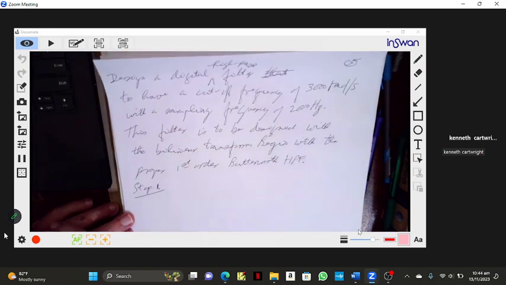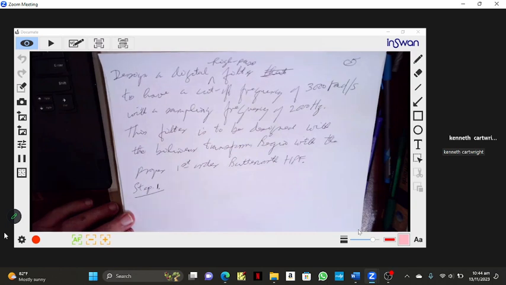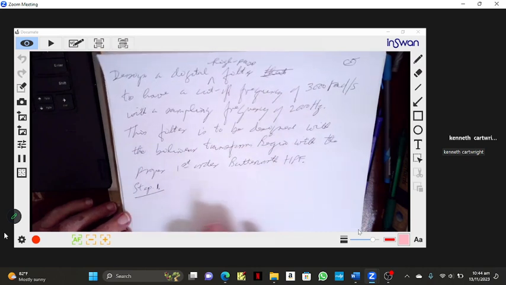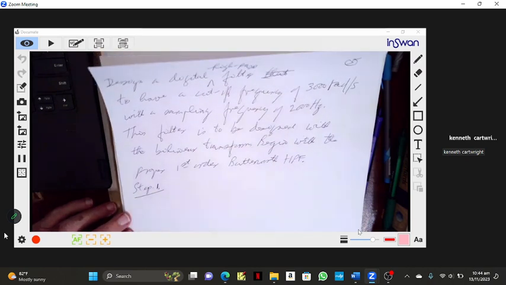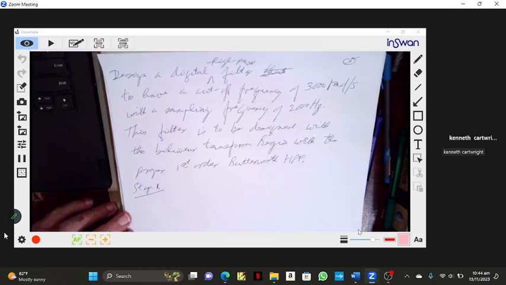If you're talking about first order, you're talking about S. 1 over S tau plus 1, that's the low pass filter. S tau over 1 plus S tau, that's the first order filter because the highest power involved is S. So somebody try again, please.